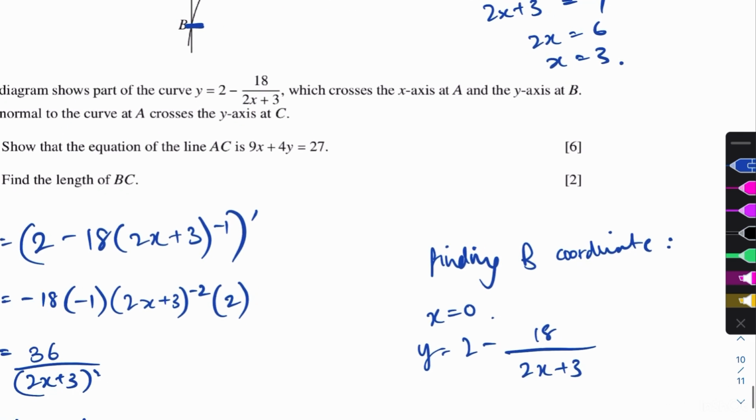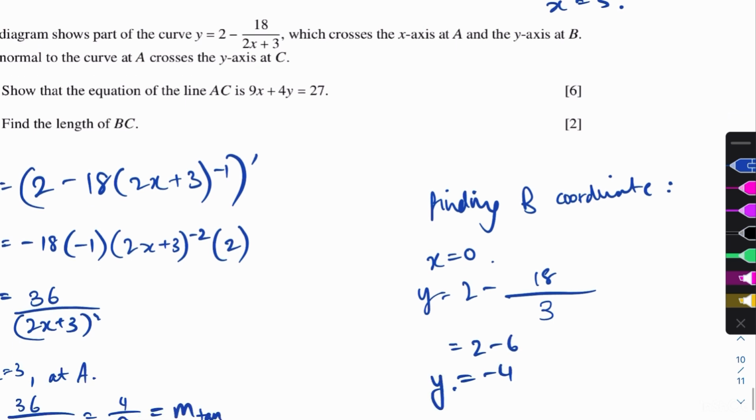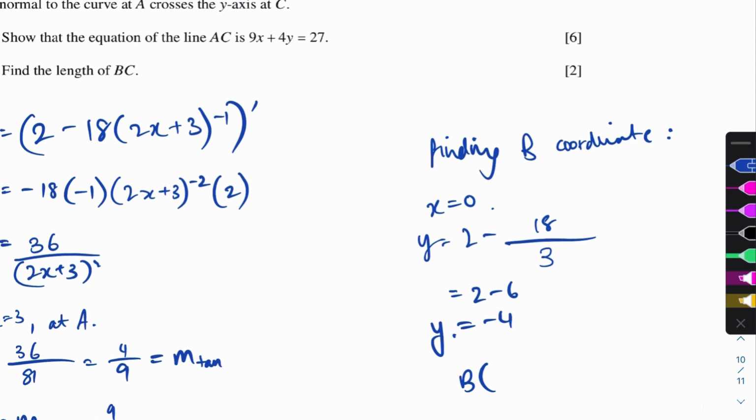So this 2x here would just become 0. So we've got 18 over 3, which is just 6. So y equals 2 minus 6, which is minus 4. So B's coordinates are 0 and -4.